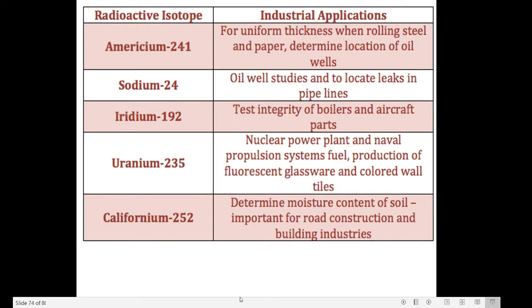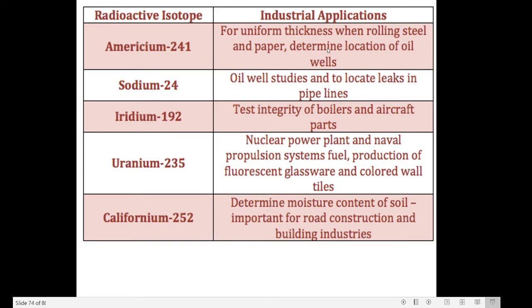At the industrial level, they use americium 241. It helps to find uniform thickness when rolling paper or steel, and to determine the location of an oil well.